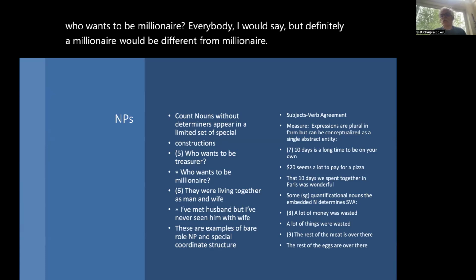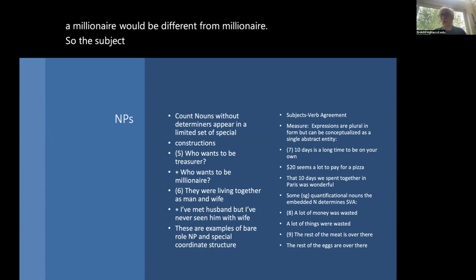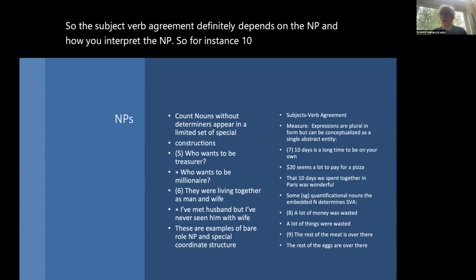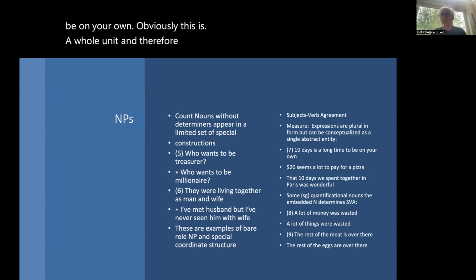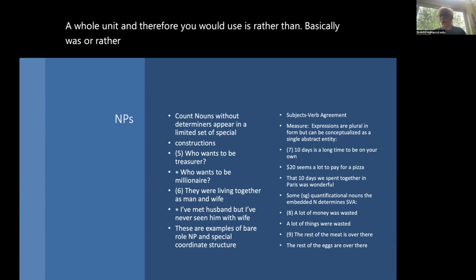So the subject-verb agreement definitely depends on the NP and how you interpret the NP. So, for instance, 10 days is a long time to be on your own. Obviously, this is a whole unit, and therefore you would use is rather than was, or rather than are.